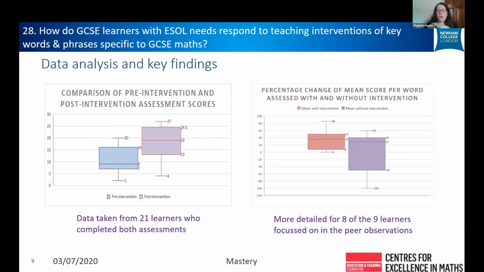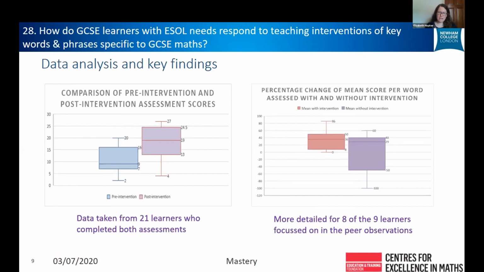We limited this to quite a small number of students because it was a lot of data to process. It was for 8 of the 9 learners that we focused on in the peer observation. One of the learners wasn't able to do the post-test because it was online. But you can see that with the intervention, learners only had a positive increase for those words in terms of how they did pre to post-test. Without the intervention, some learners got a little bit worse, some learners got a lot worse, some learners got a bit better.